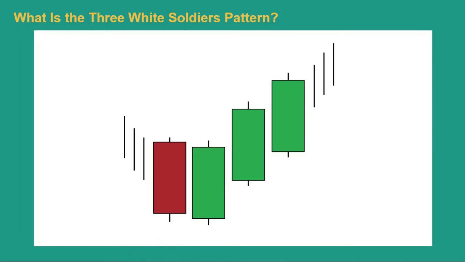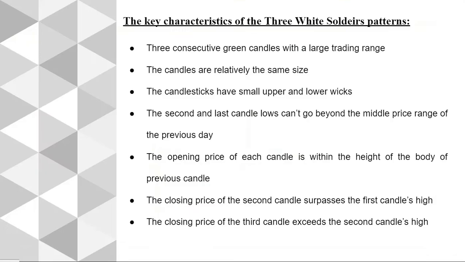When the pattern forms at the end of a downtrend, it acts as a price reversal signal. From a supply and demand perspective, the 3 white soldiers can help traders identify a shift in market sentiment where buying pressure surpasses selling pressure.